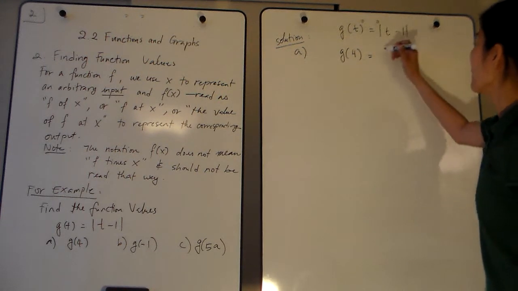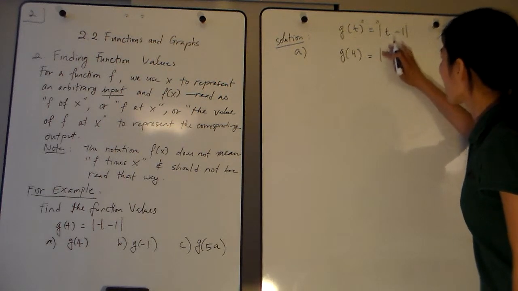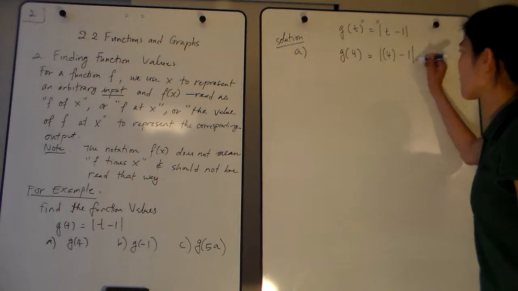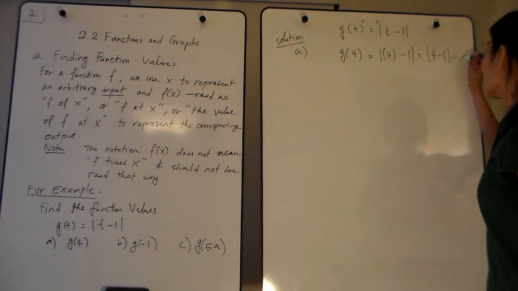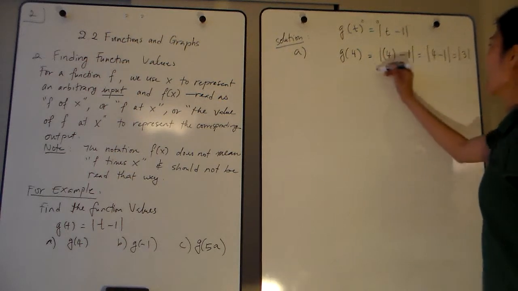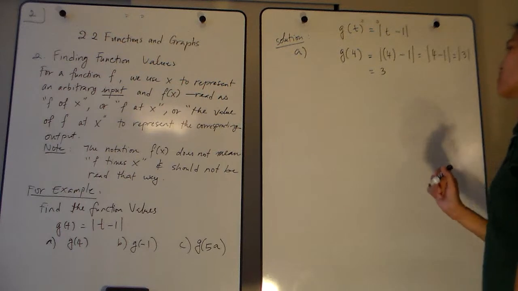They correspond. So absolute value of 4, substituting 4 right here, minus 1. Simplify, we get 4 minus 1, which is absolute value of 3. And the absolute value of a positive number is that positive number, which is 3.